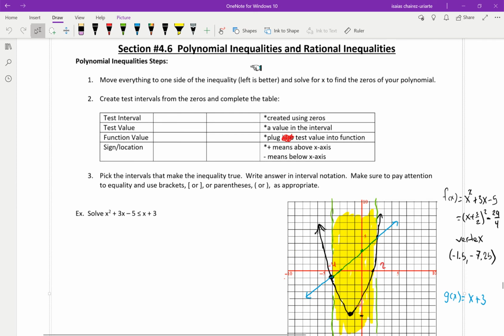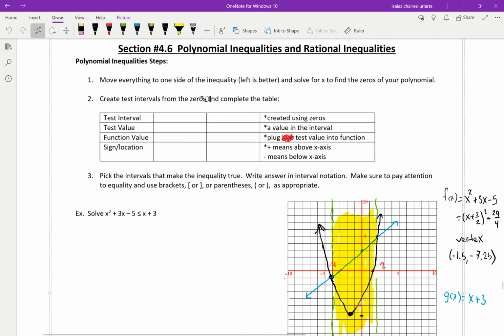So they give us some guidelines here for polynomial inequalities on how to solve them. They encourage us to first move everything to one side of the inequality, the left side or the right side, whichever side works for you. Most of us tend to read left to right, so it's easier to move things to the left. And then solve for x to find the x-intercepts of the polynomial.